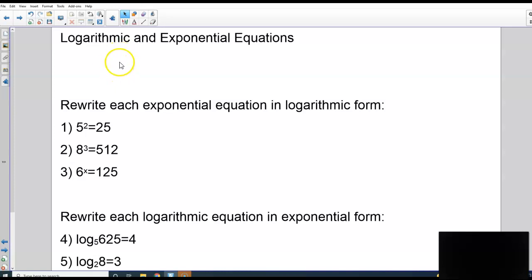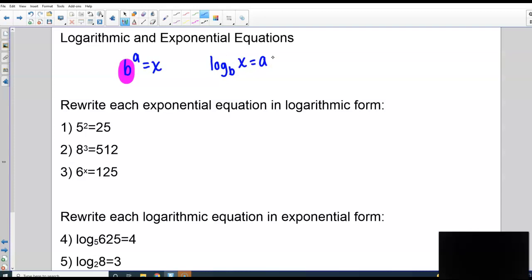So if I have b to the a power equals x, we would call this b right here the base of that exponent. It's also going to be the base of the logarithm whenever you rewrite it. So log base b of x would equal a.